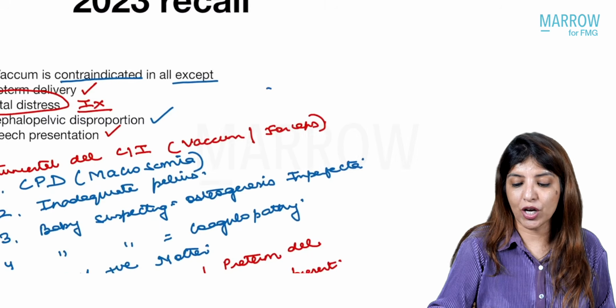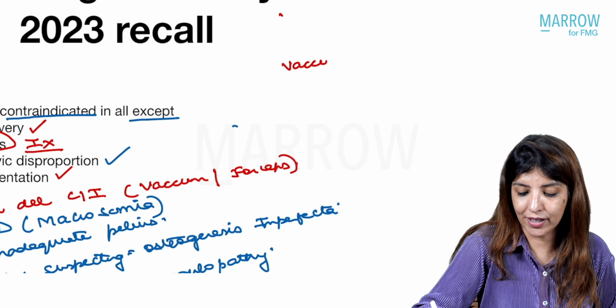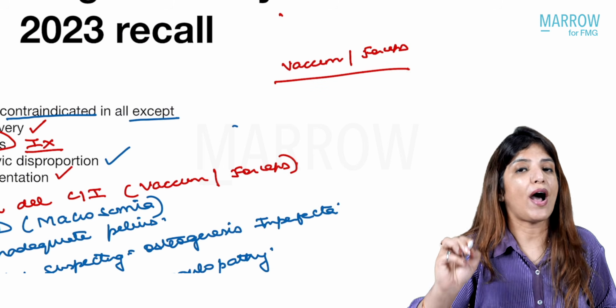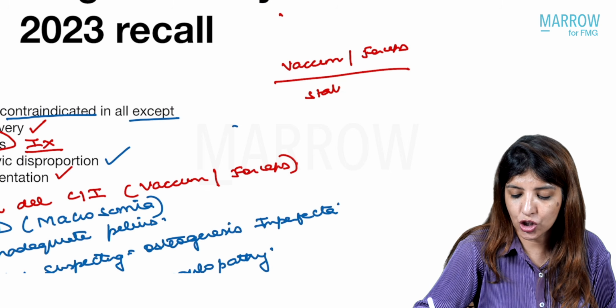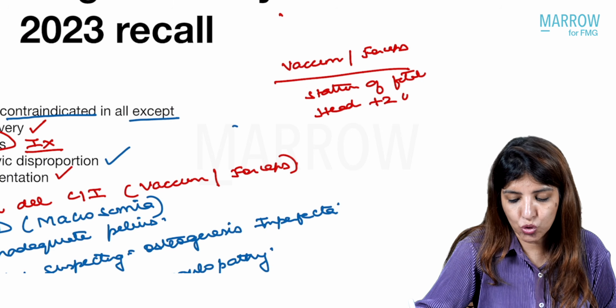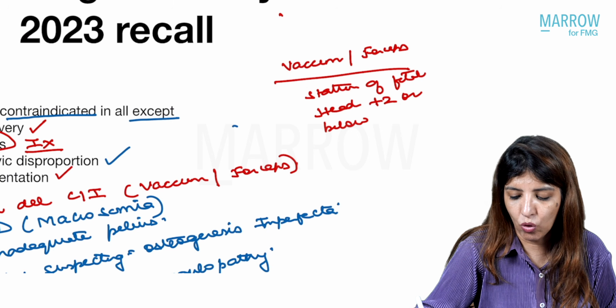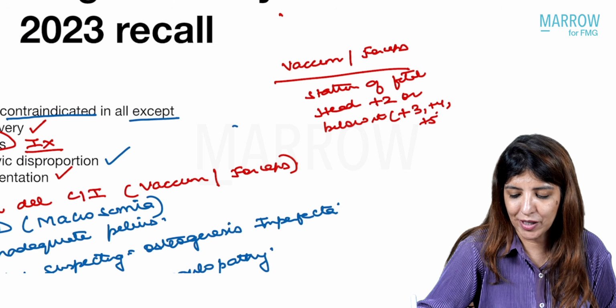The other thing which I want you to remember is that these days, whether it is vacuum or forceps, you have to apply them only and only if the station of the fetal head is at +2 station or below it. In other words, +3, +4 or +5.